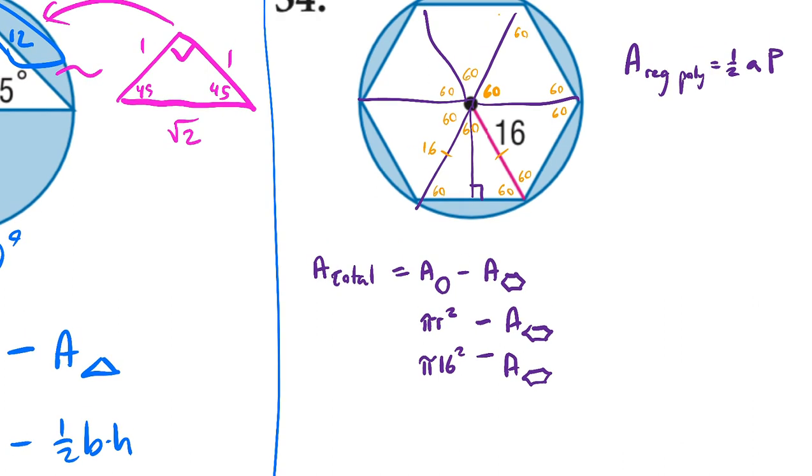That's only true in a regular hexagon. It's a cool little thing that happens. That means all these are 16, these are 16. Okay, so what we really have here is the perimeter over here is 6 times 16. That's the perimeter. Now we just need to find the apothem, and then we have the 1/2.